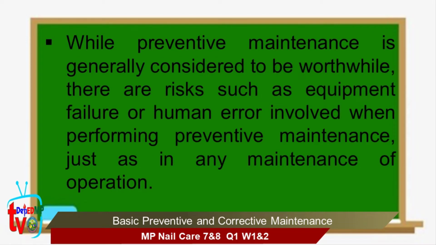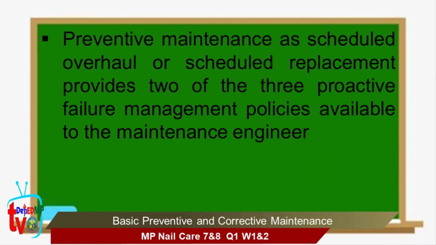While preventive maintenance is generally considered to be worthwhile, there are risks such as equipment failure or human error involved when performing preventive maintenance, just as in any maintenance operation. Preventive maintenance as scheduled overhaul or scheduled replacement provides two of the three proactive failure management policies available to the maintenance engineer.